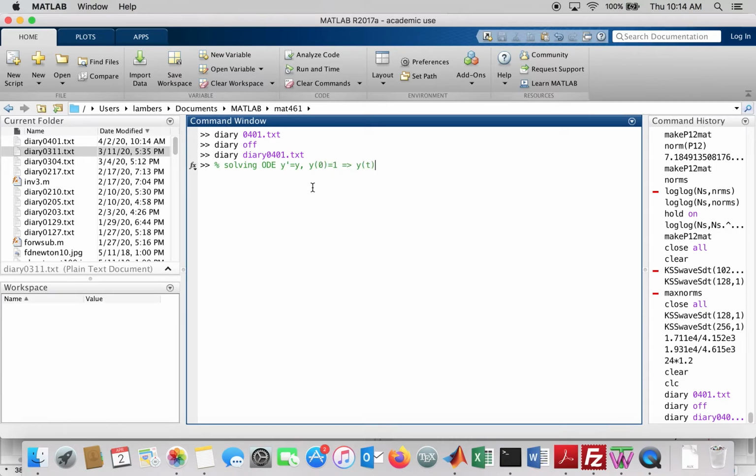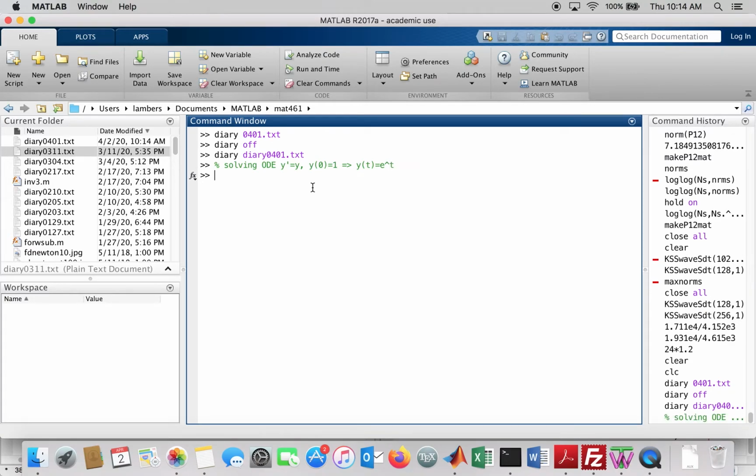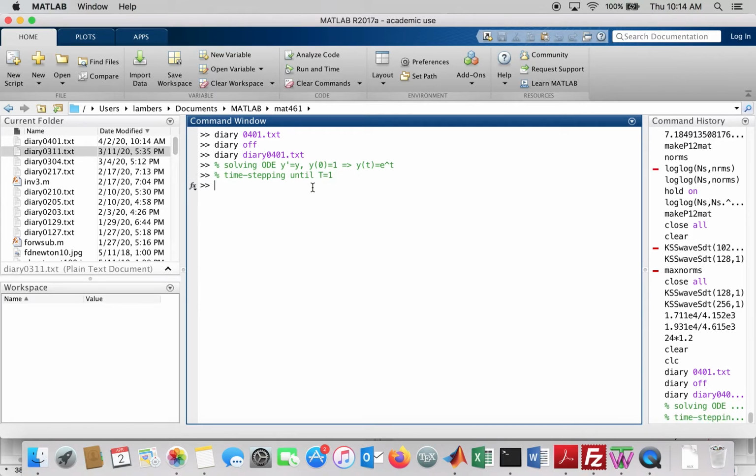So the exact solution would just be y(t) = e^t. I'll be using time stepping. I need to set a final time, referred to as capital T in the last class. So I'll just use T = 1.